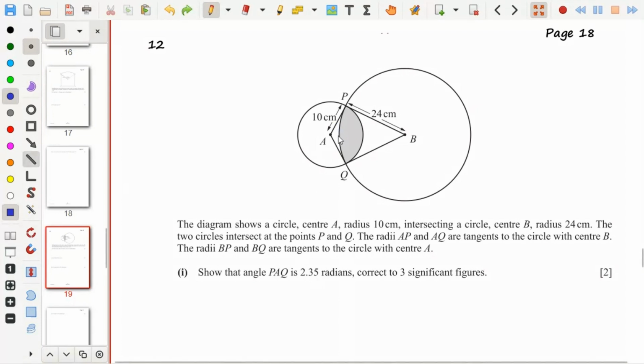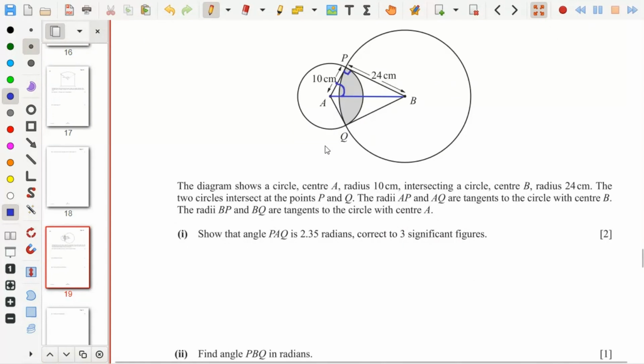Before I do that, let me divide my kite. You know, this is a kite, right? Let me divide it like this. Okay. The angle at this point is going to be 90, because when radius and tangent meet, they form an angle of 90. So I can find the angle at this point.